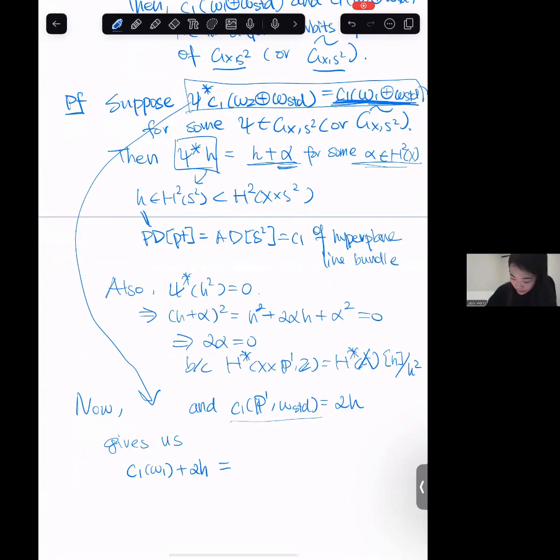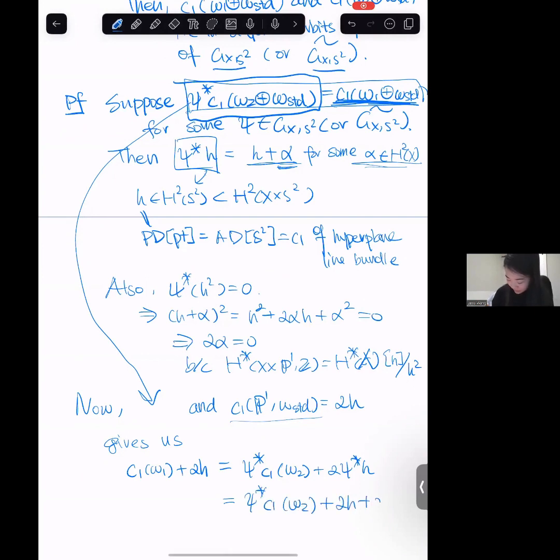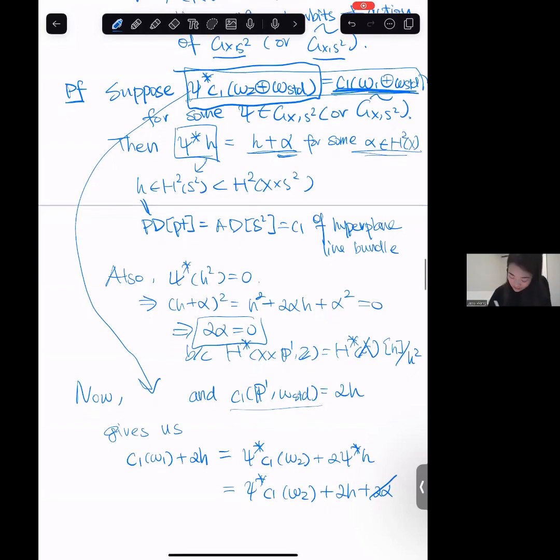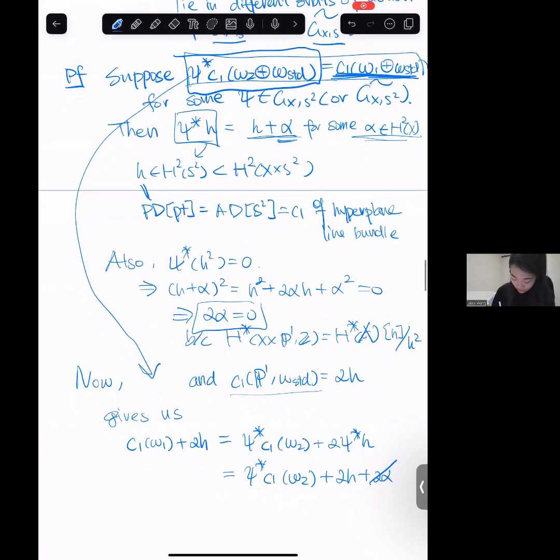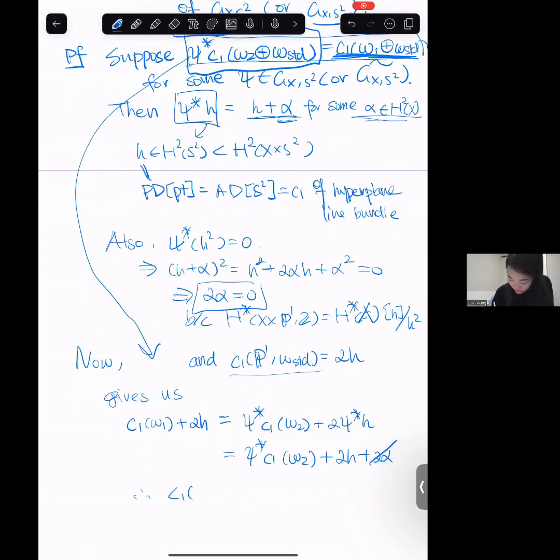And on the other side, we have the pullback of the first Chern class, which is psi pullback C1 of omega 2 plus 2 psi pullback H. And then you can see that this is 2H plus 2 alpha, which is 0. So we have C1 omega 1 is equal to psi C1 of omega 2.